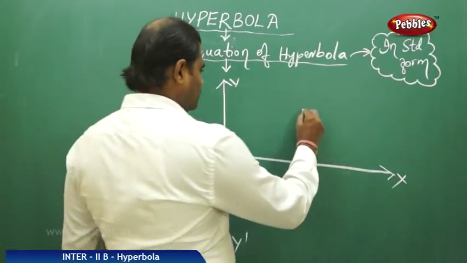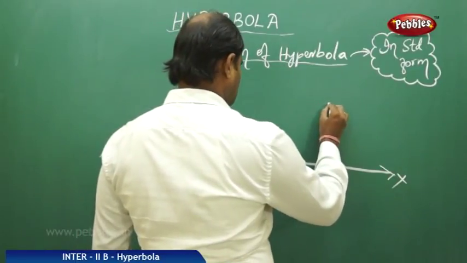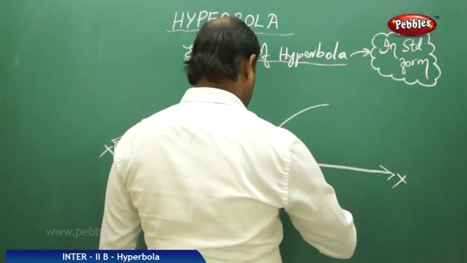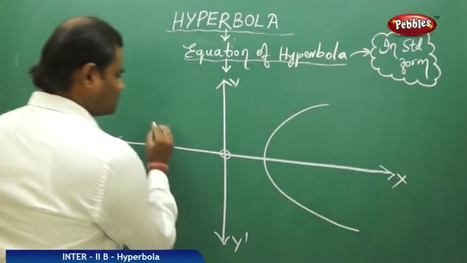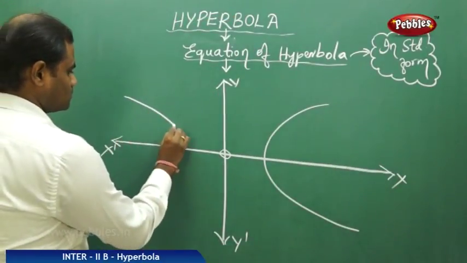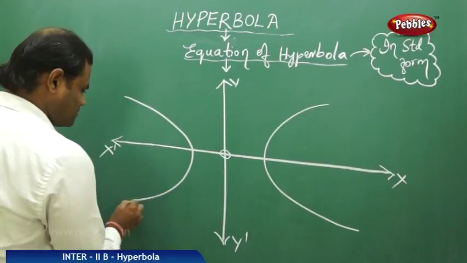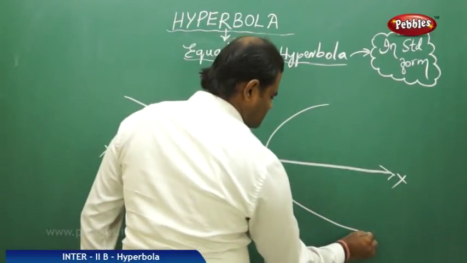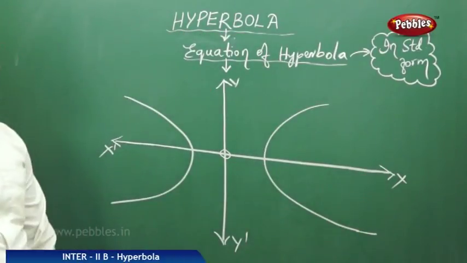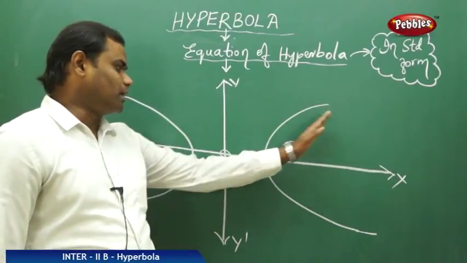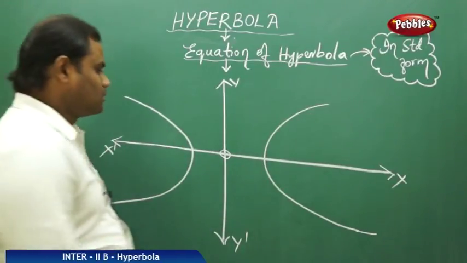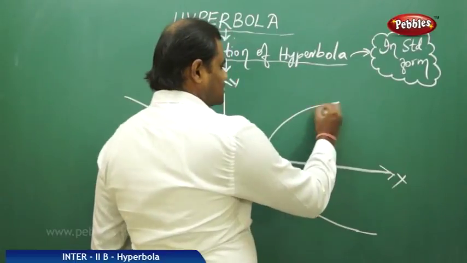Now a hyperbola looks something like this. It is like a biparabola, where I have two parabolas on either side which are symmetric about the y-axis.